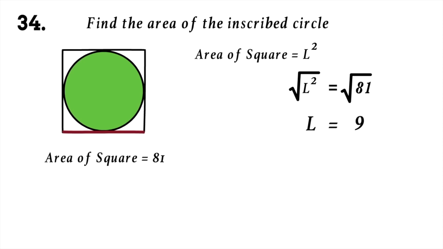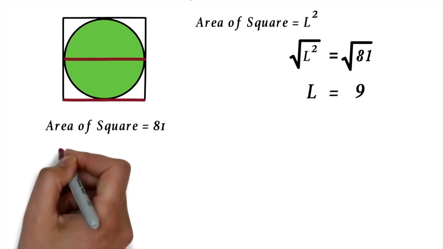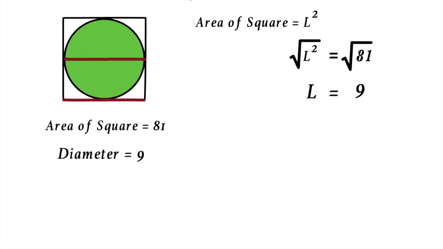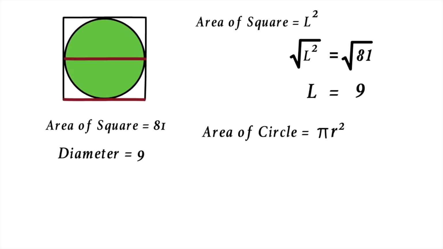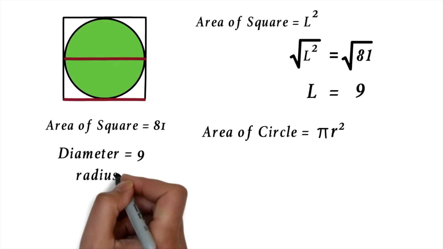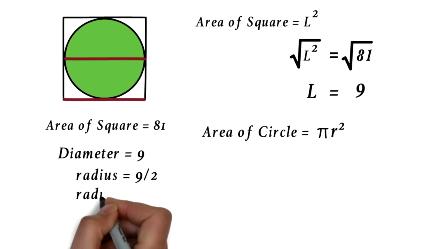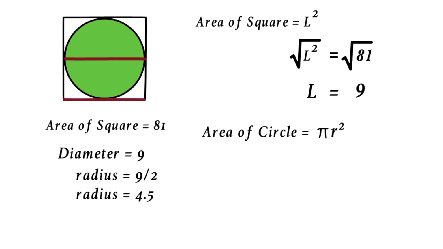You will notice that the length of the square will be the same as the diameter of the circle, so we can say that the diameter of the circle is also 9. The area of a circle is pi times the radius squared. We know that the radius of a circle is half the diameter. So the radius is 9 divided by 2, which is 4.5.